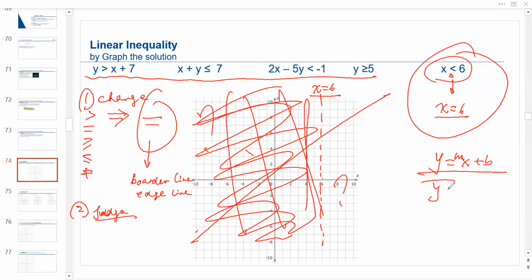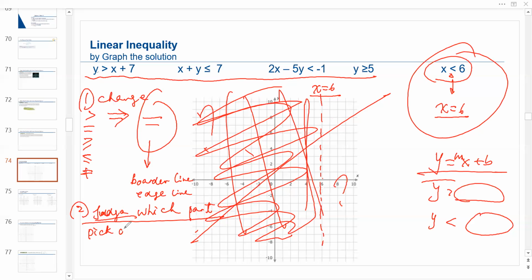If y is greater than, this part is above, if y is less than, this part is below. But you need to confirm it. Please confirm it. Judge which part is actually described. Pick one dot, one spot to check it.